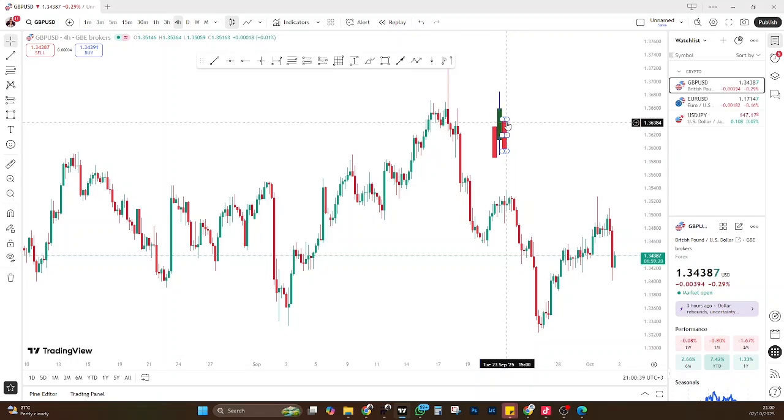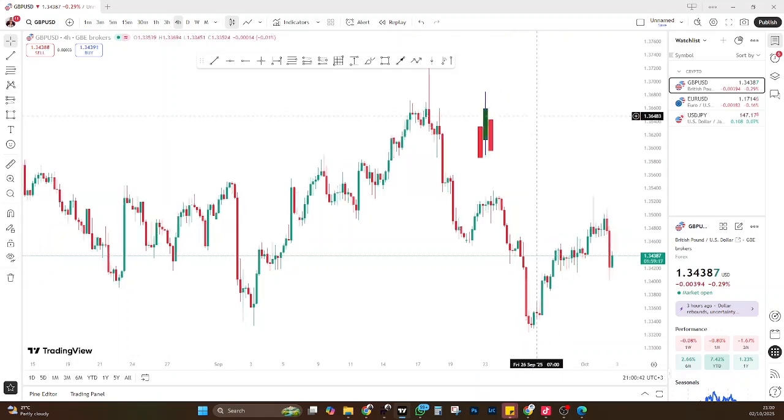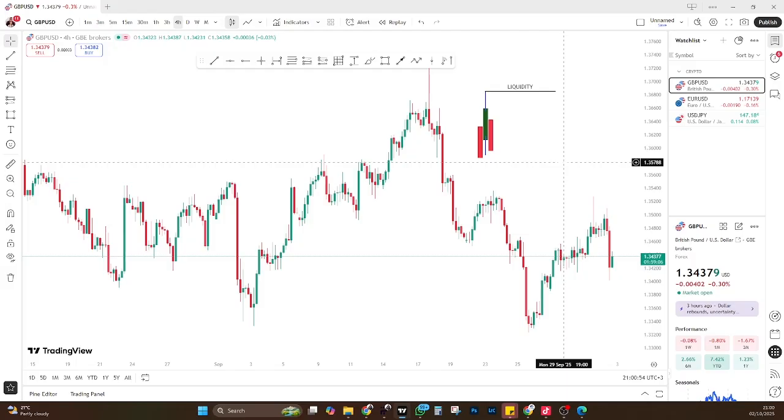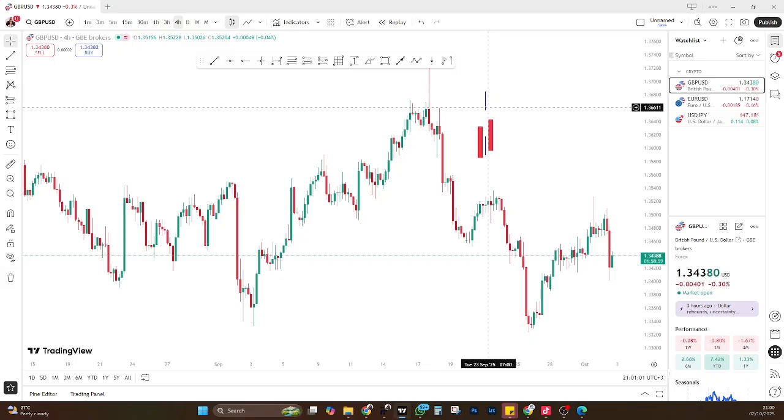So this can be having wicks. I'm just trying to move fast so that we don't waste time. This high is liquidity. That high is liquidity. So let us look at real life examples.